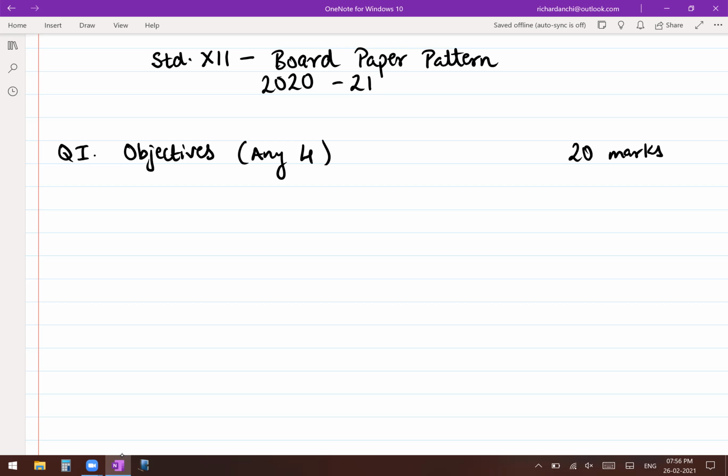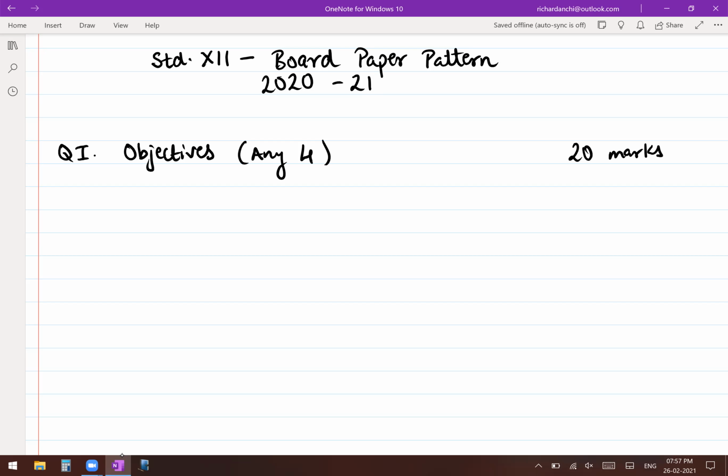In some chapters, like not-for-profit concern and bills of exchange, they can find the table from here and there and give it to you, and you will complete that table. So there are 10 different types. That is objectives, question 1, any 4 will be asked.